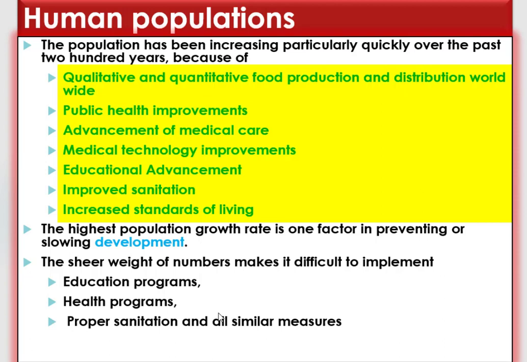The highest population growth rate is one factor in preventing or slowing down country or global development. The sheer weight of numbers makes it difficult to implement educational programs, health programs, proper sanitation, and all similar measures.